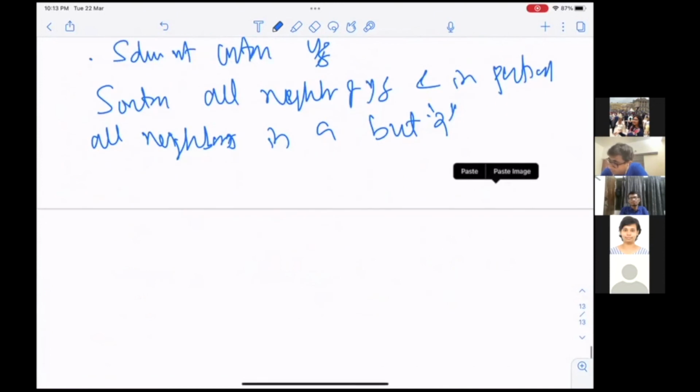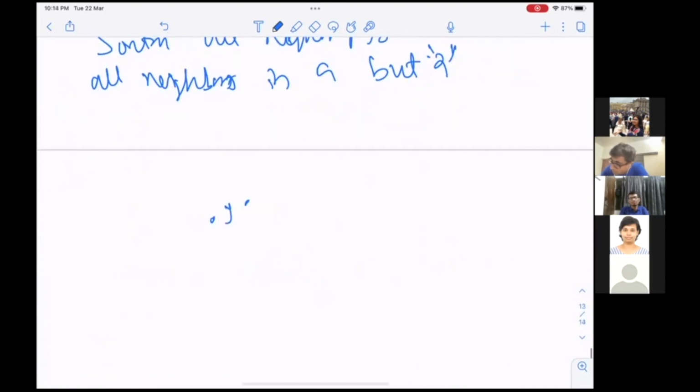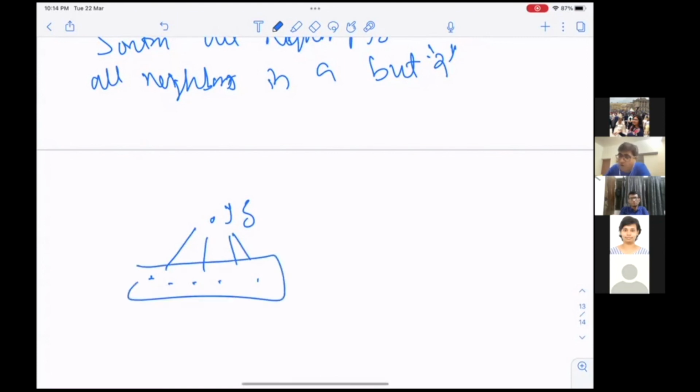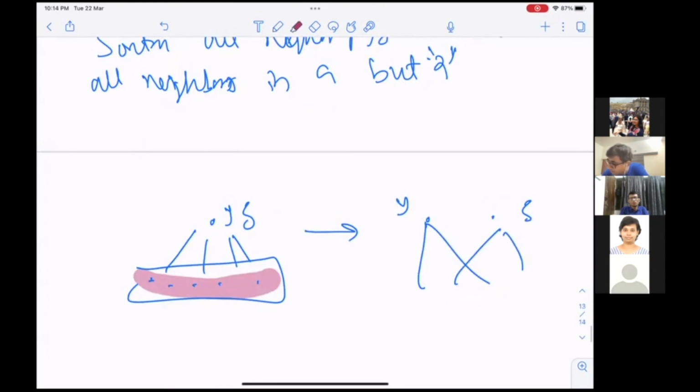Look at this. Y and Z, right? If you're not going to contain him, then you have to contain all its neighbors, right? So if you go back in G, what happens? You basically, Y and Z, these edges are still covered. What are you not able to cover?